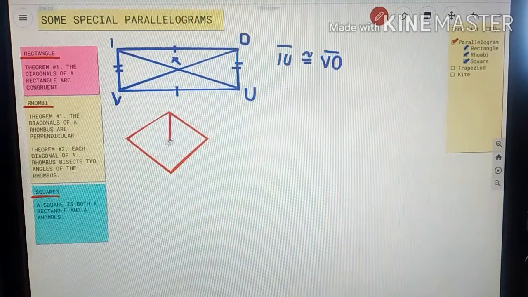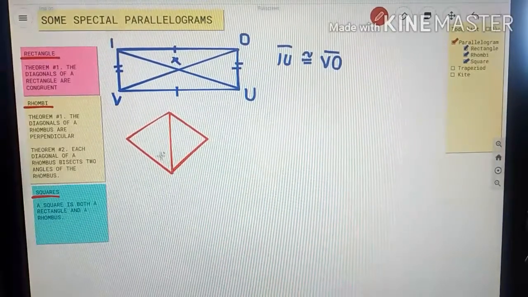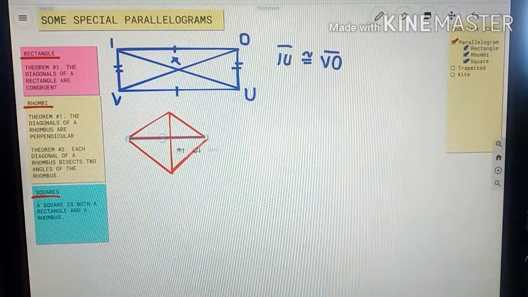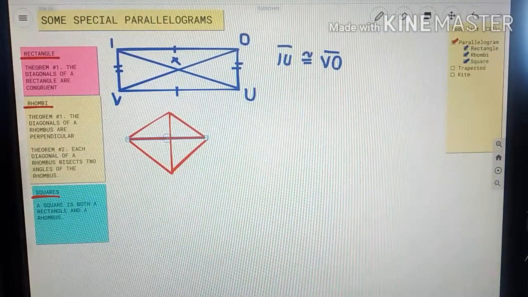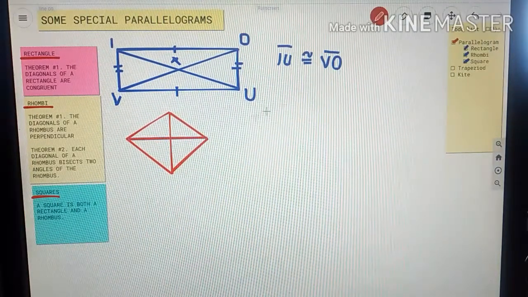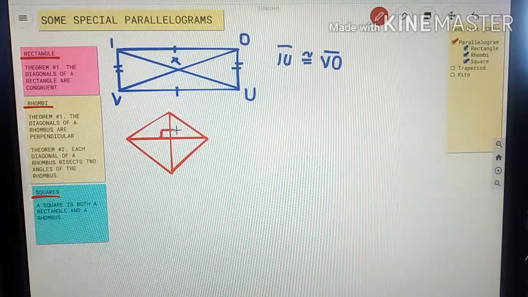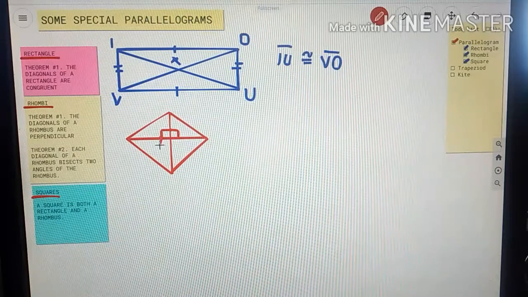So with the diagonals, we have here perpendicular. Perpendicular is also known as right angle. Here, also this one. Also this one.